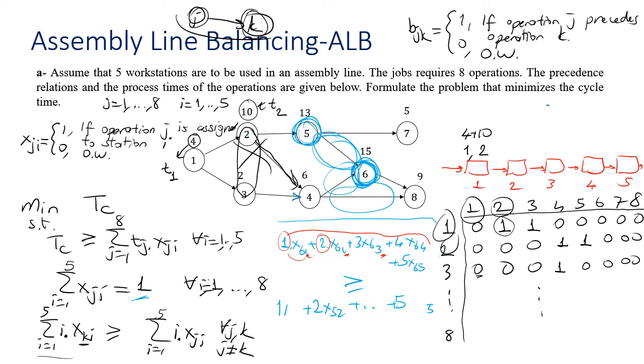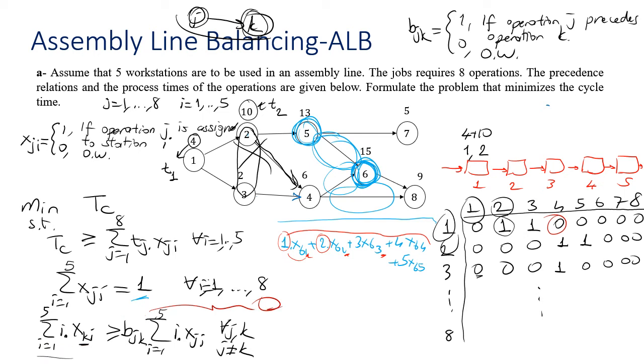Let me not confuse you with two methods. I will just give a single method here. And it is to multiply this by bjk. Okay, the second part. So what does it mean? If bjk is 0, for example, b14 is 0, what does it mean? There is no precedence relationship between 1 and 4. And if this is 0, this right-hand side appears to be 0, and it says that this left-hand side is greater than or equal to 0, which is always satisfied.